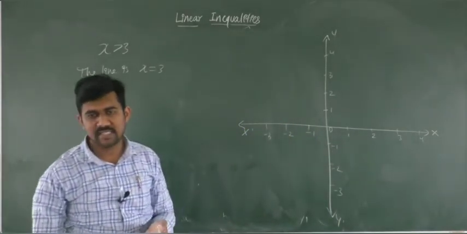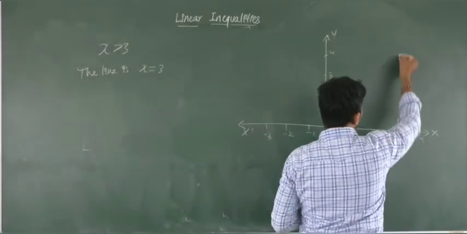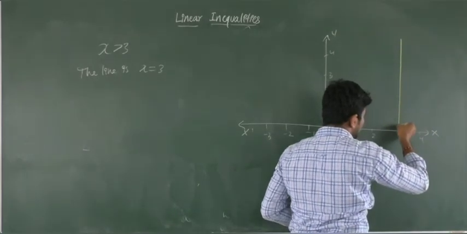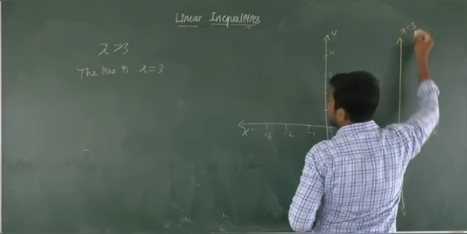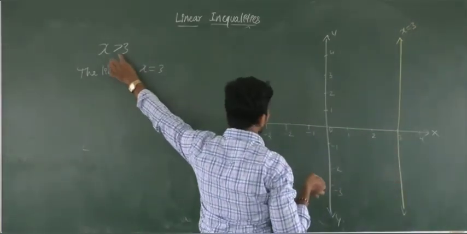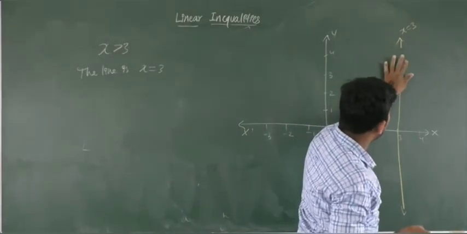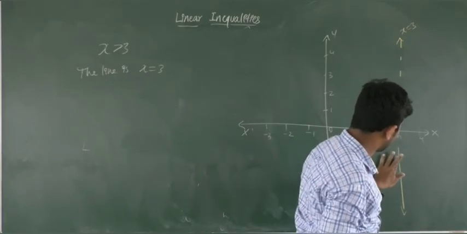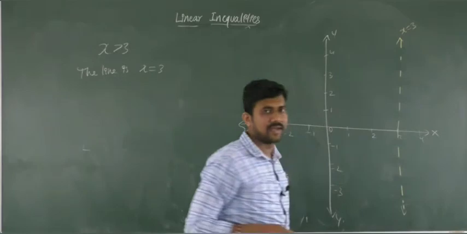Now x is equal to 3 means it is a vertical line that passes through the point 3 on the x-axis. This is the line x is equal to 3. But you can observe that the given inequation is a strict inequation, so you have to draw a broken line, or dotted line.